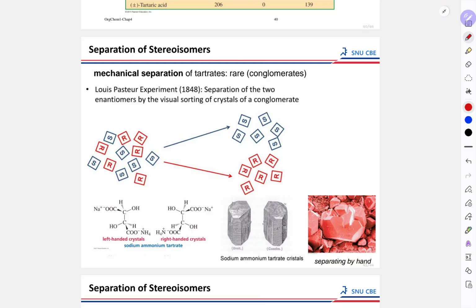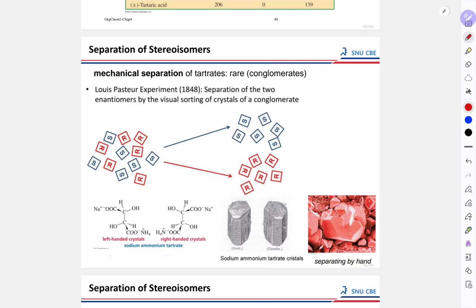Since this has an amine and you have an acid here, you can expect some acid-base chemistry to occur to form a salt. These two have some specific interaction. In this case, you get the R,R salt, using R acid and R amine. But this can also react with the S form, and this will give you the S,R salt.